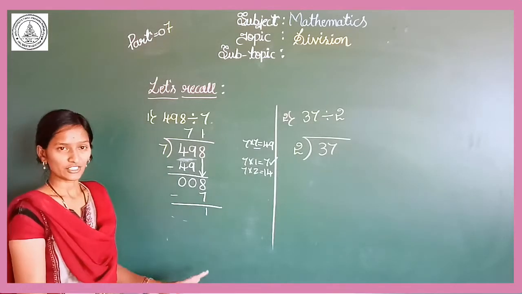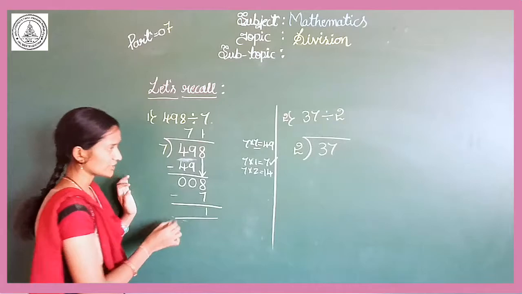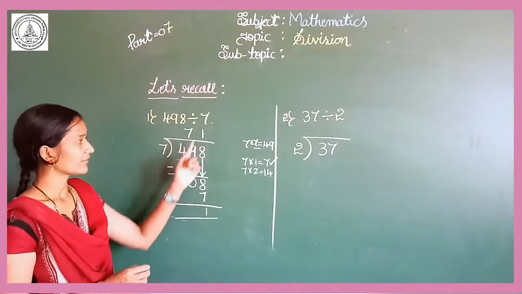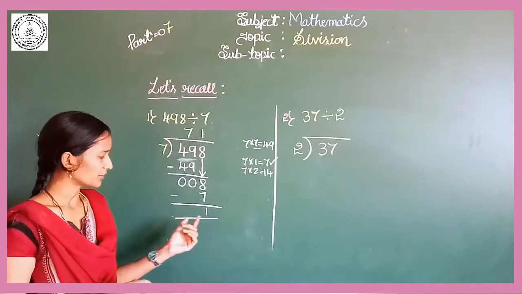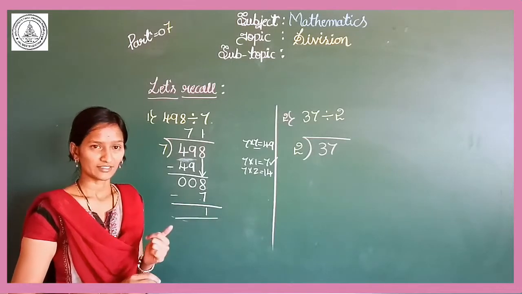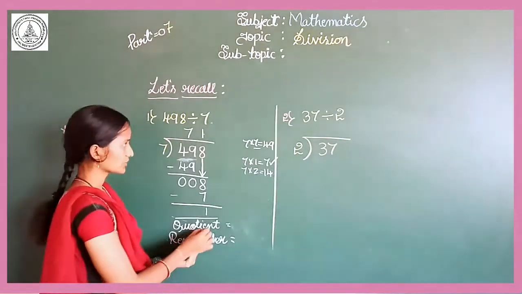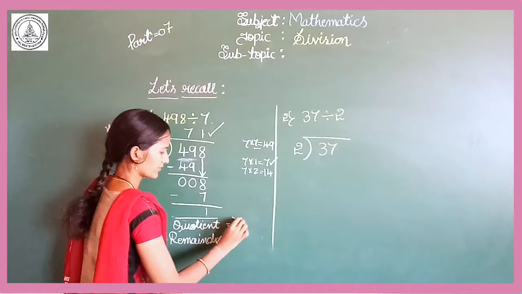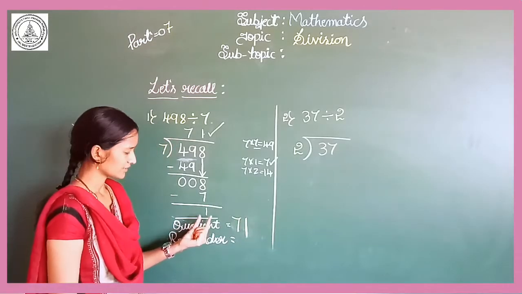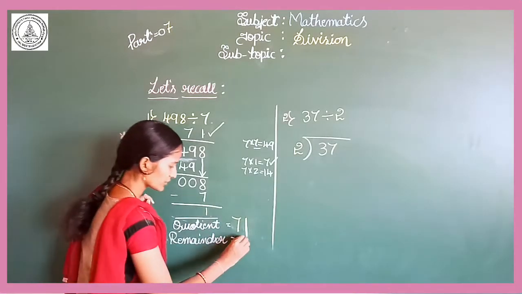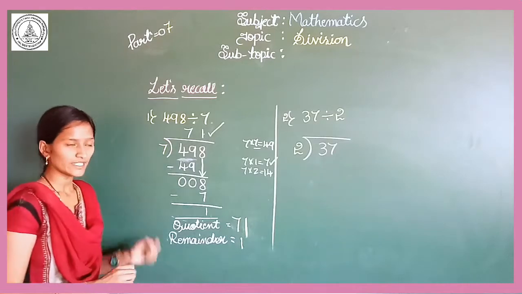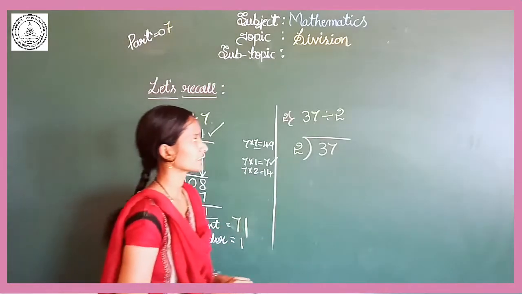So now this division is over. In this problem the quotient is 71 and 1 is the remainder, right? Students, look here, this quotient is 71, so write it here. Next, this remainder is 1, so write it down here.